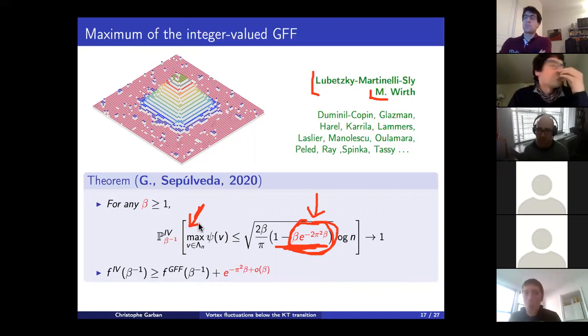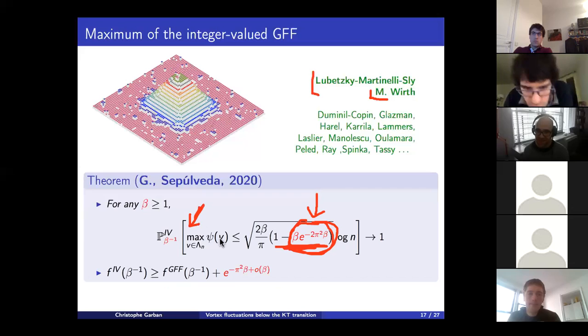I see. Okay, so you want the tightness of the maximum of this divided by log n. At the first step, yes, I'd like just to say that this divided by log n converges in probability to a constant. To a constant, okay.